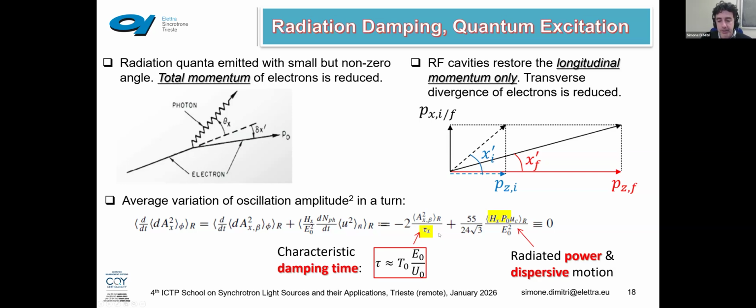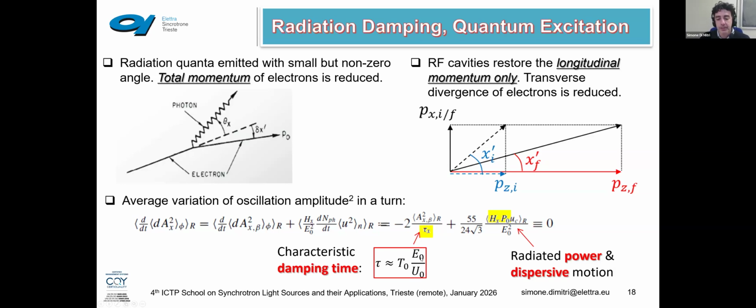This solution is actually describing the equilibrium of the charge distribution in the presence of all these processes. And the mathematical expression puts in evidence two kinds of quantities. The first one is a time interval, which is proportional to the revolution period, let's say 1 microsecond, times the particle energy divided by the amount of energy the particle radiates in a turn.